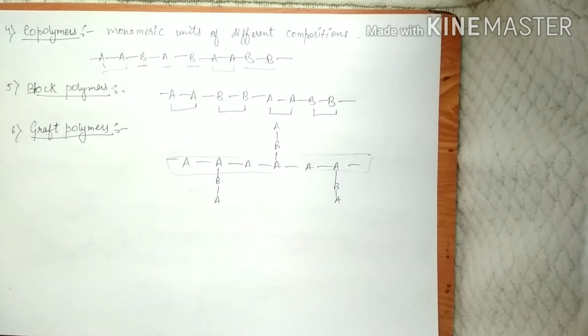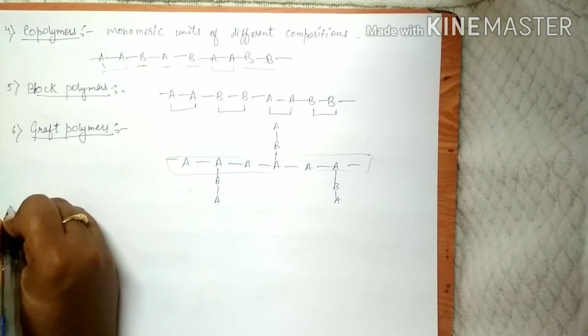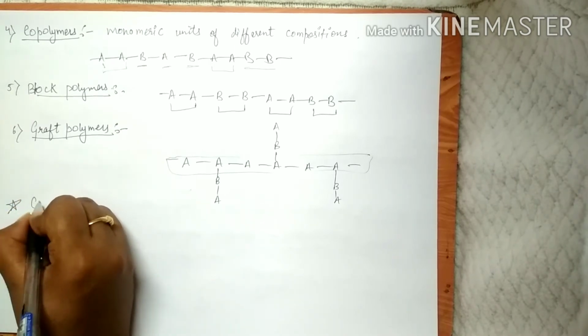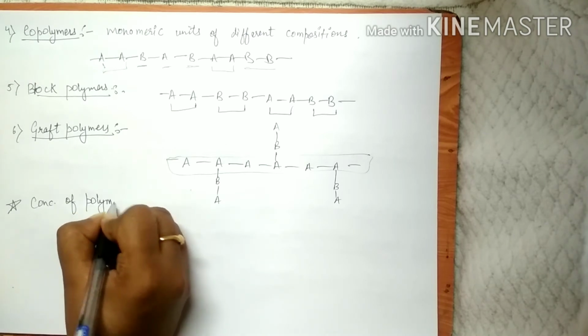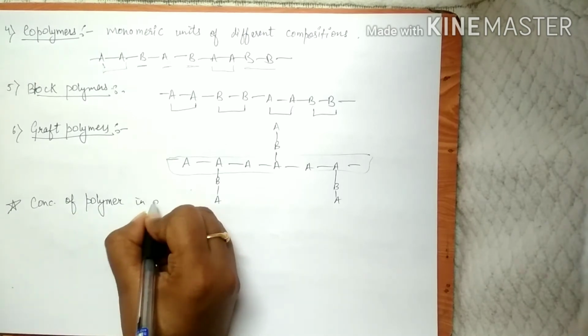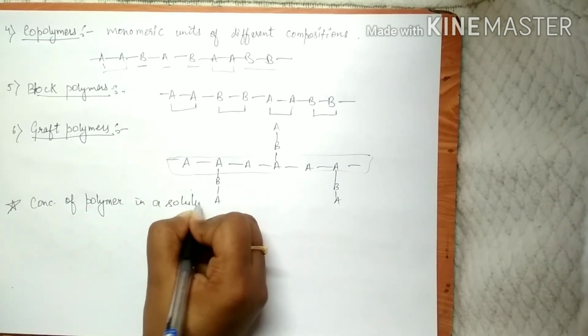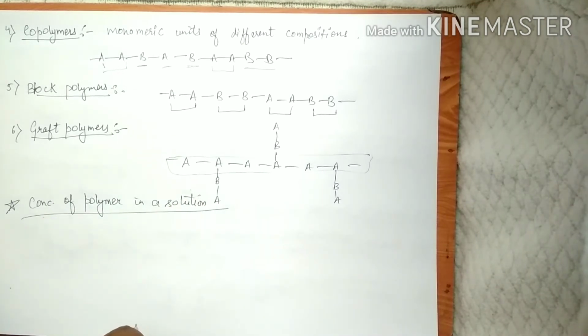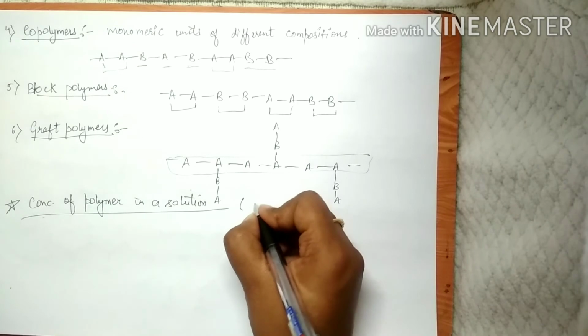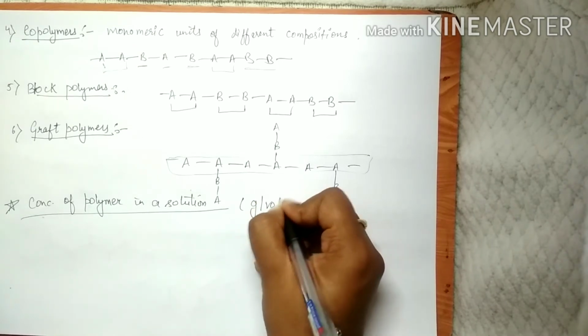Okay, now we'll study one formula to calculate. It's an important formula to calculate the concentration of polymer in a solution. Okay, the concentration which we are going to calculate will be gram per unit volume.